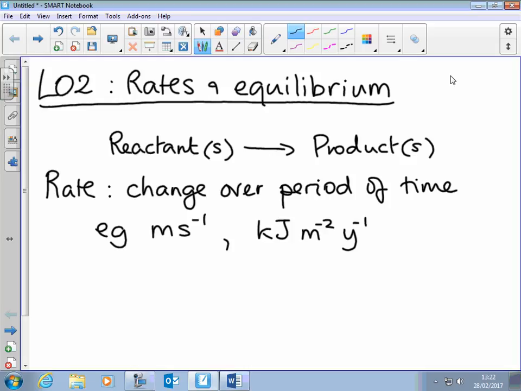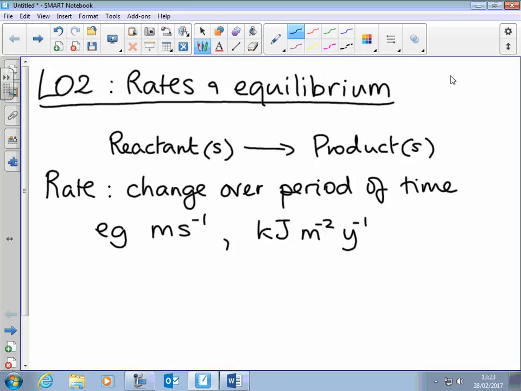If we think about chemical reactions, they have different sorts of units. We might have moles per second, or if we're looking at changes in concentrations, moles per decimeter cubed per second. We're going to have some interesting units to consider. But different reactions happen at different rates.